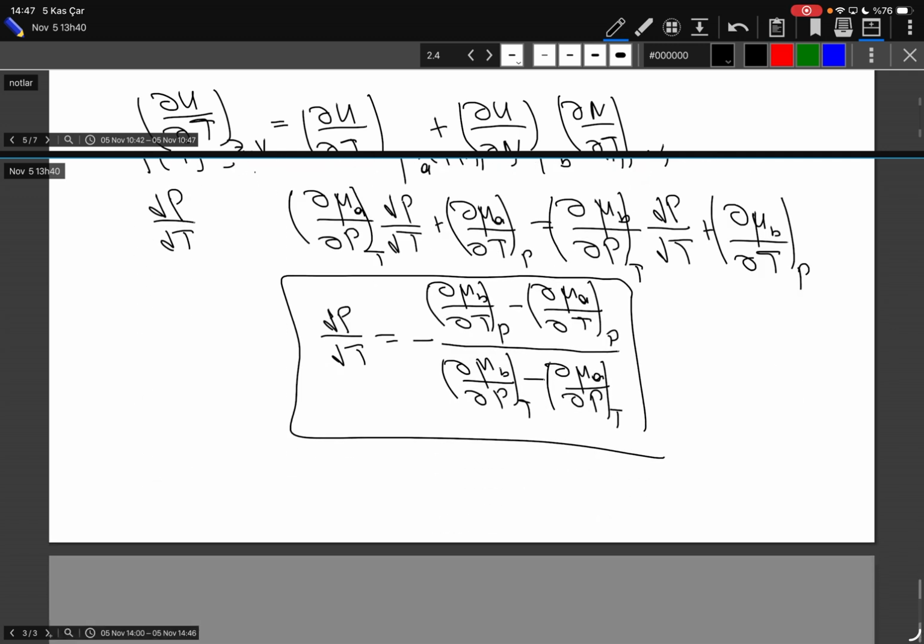Well, let's see. I need to find the differential of the chemical potential. Let me go to my first law of thermodynamics. Let me do a trick.